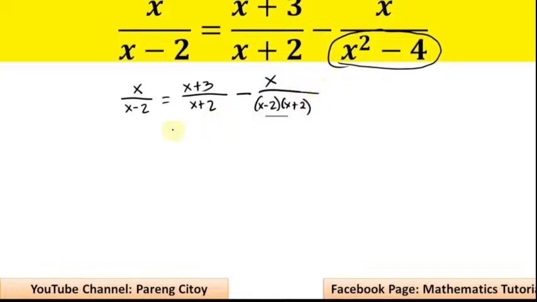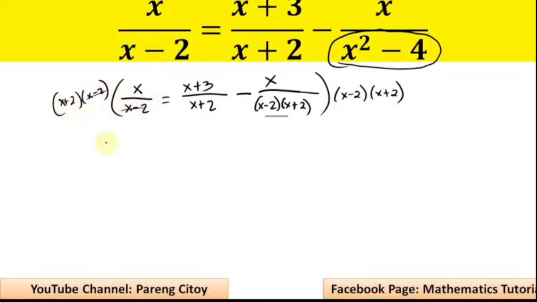Perfect square. Then find the LCD. So kung ano yung denominator, that is your LCD. So x minus 2 times x plus 2. This one, x plus 2 times x minus 2. So ito, ma-eliminate ang x minus 2.